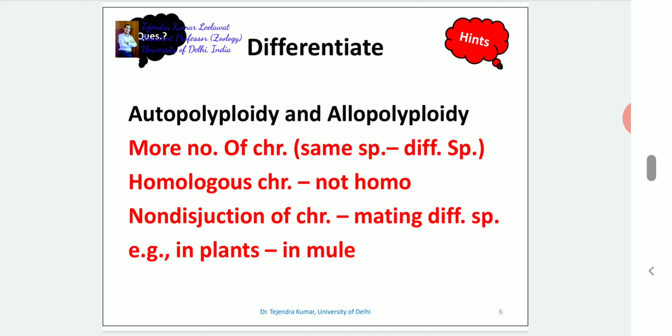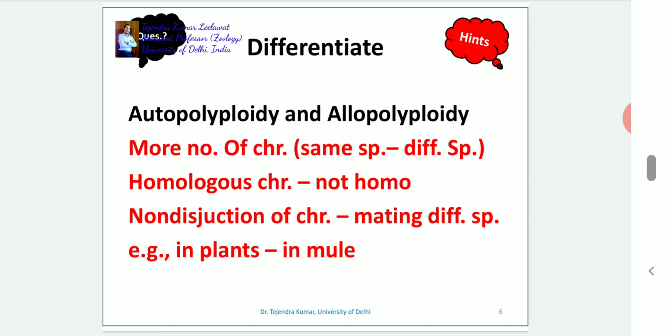If they are from the same species, it shows autopolyploidy, whereas from different species it shows allopolyploidy. So if there are more chromosomes present in a species and they are received from the same species, then it is autopolyploidy. And if they are received from different species, then it is allopolyploidy.